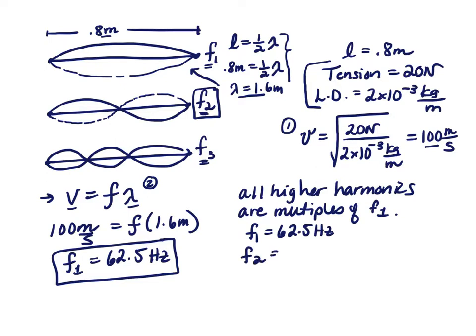Well, twice as fast as 62.5 hertz is 125 hertz. And guess what? F3, which is the frequency of the third harmonic, shakes 3 times as fast as F1. And that is going to be 187.5 hertz. So, to get the higher harmonic frequencies, I don't need to do much. I just need to multiply.